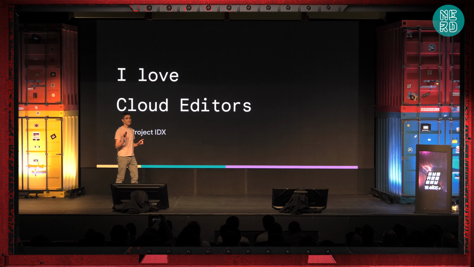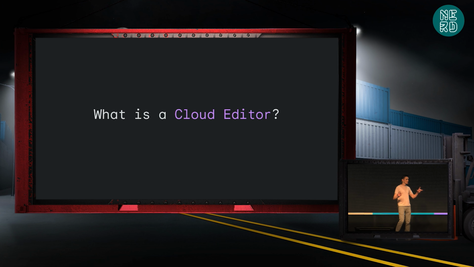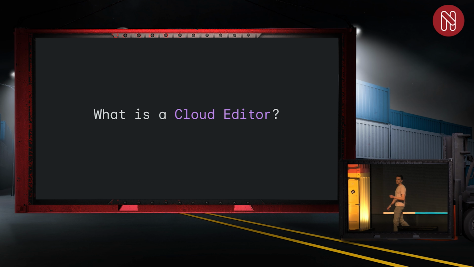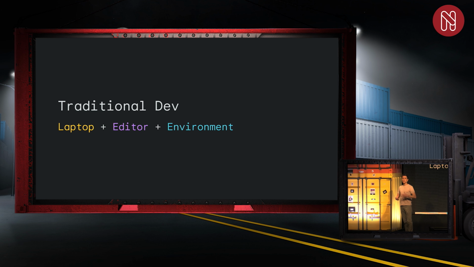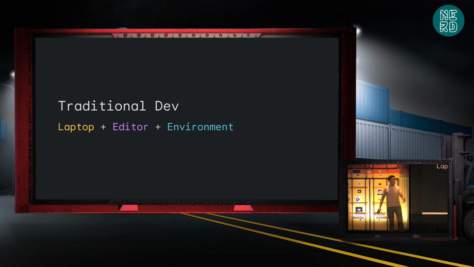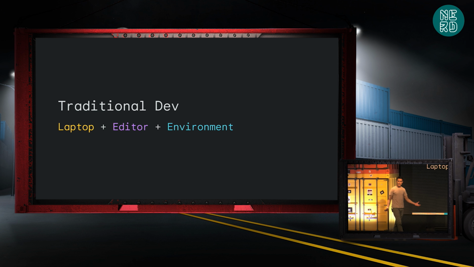All right, next slide. I want to make sure that we're all on the same page here. So what is a cloud editor? Normally, with traditional environments, you buy a computer, download an editor, write code, and then you need an environment: you install the tools and you're able to run that code.